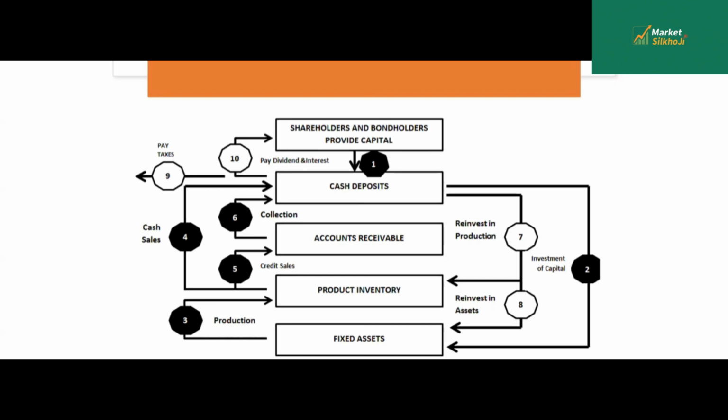But there are a few more transactions left. First, if the company is making profits, then they have to pay taxes. And if they have borrowed money, they have to pay interest on that debt also. So from these profits they'll pay taxes and any interest payments.